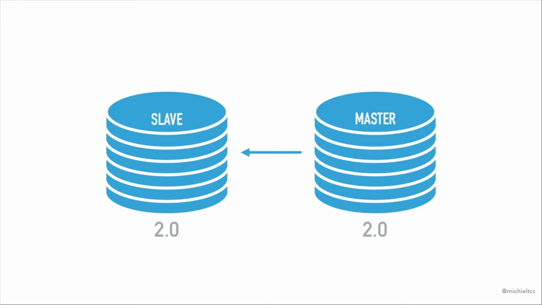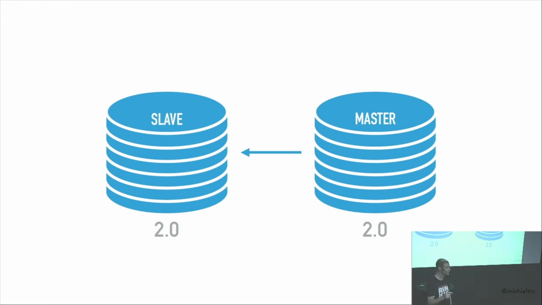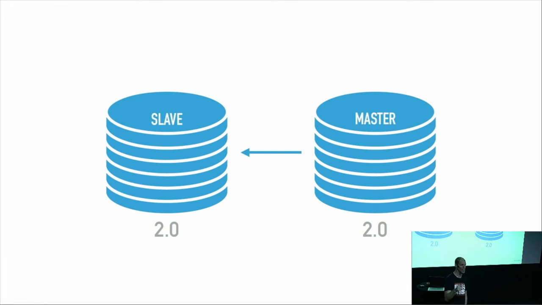This works in MySQL, for example, if you have what they call statement-based replication. Sorry, I should say statement-based replication and not row-based. So statement-based replication actually looks at the columns on the master and the slave, and it will basically ignore columns that are not present on the slave when it replicates.